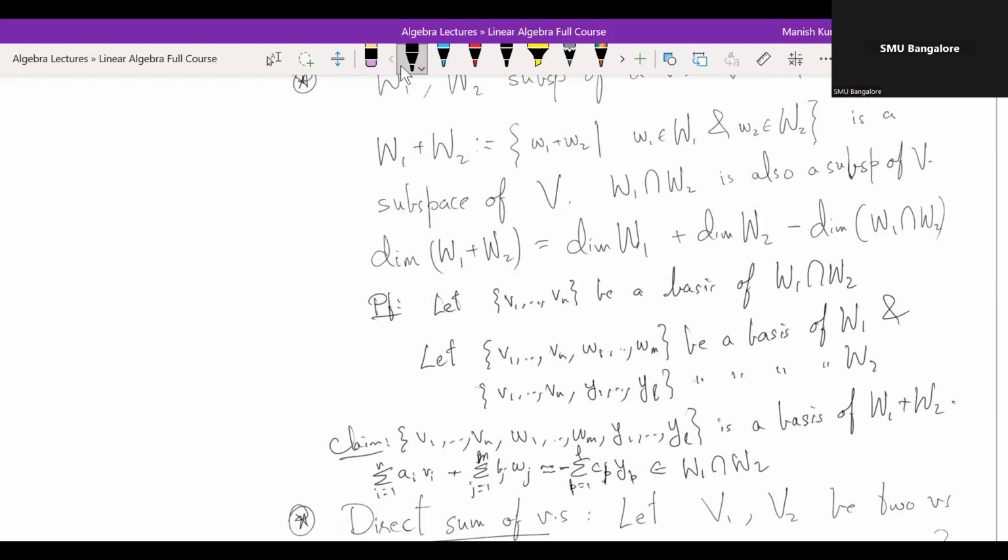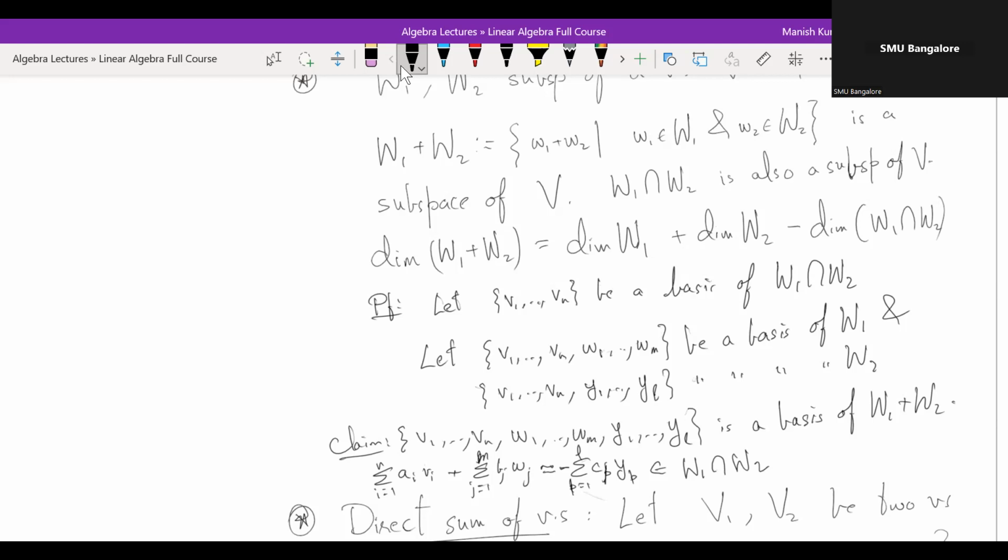But the set generated by YIs, so this right hand side is an element generated by YIs and it is in W1 intersection W2.